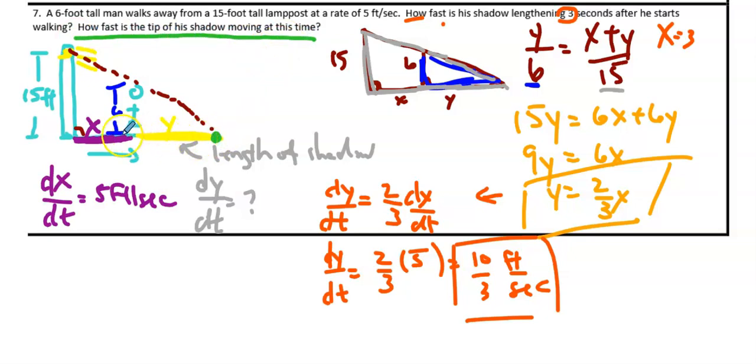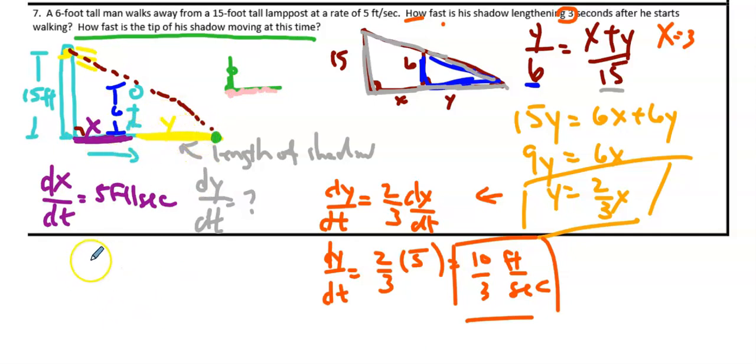Now this is where students get a little confused. So I want you to think initially. If the guy is standing right here at the pole, the shadow is right here. Let me use another color. The shadow is right here because he's really right there. And so when he starts to move, the tip is actually the distance of x plus the distance of y.